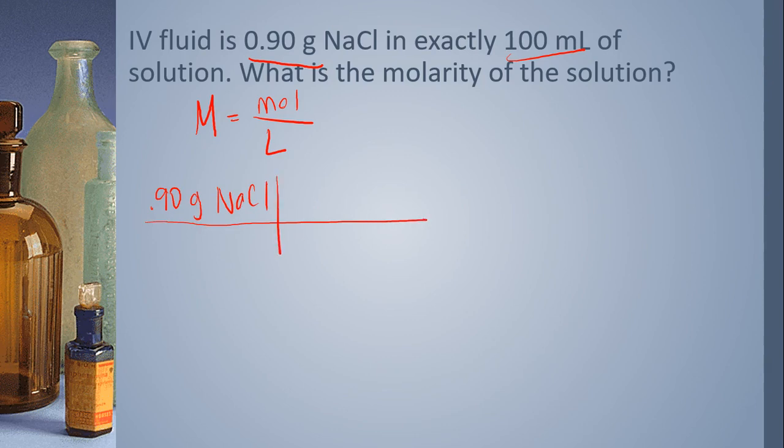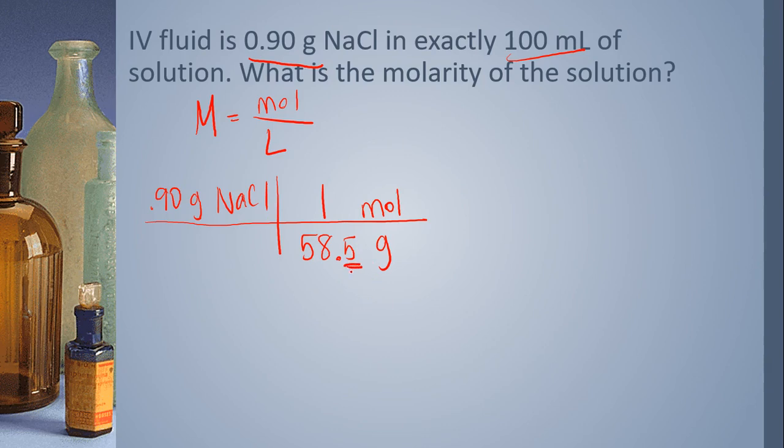We're going to work a mole problem first. We have 0.90 grams of NaCl, and if you remember from our older stuff, we can turn grams into moles by doing a conversion problem. 1 mole of NaCl is 58.5 grams. And remember how I got these numbers is I added up the mass of 1 sodium and the mass of 1 chlorine off the periodic table, and I have asked you specifically to round it to 1 decimal place.